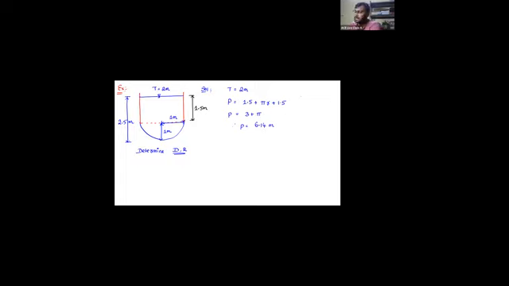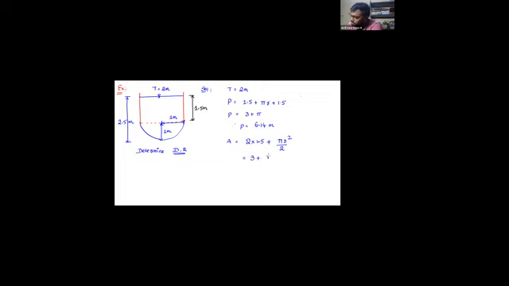Okay. And then what is the cross section area? The cross section area is the rectangular area plus the semicircular area. You can observe there is a rectangle and there is a semicircle. The rectangular area is 2 into 1.5, plus the semicircular area. Circular area is pi r square, so the semicircle is pi r square by 2.